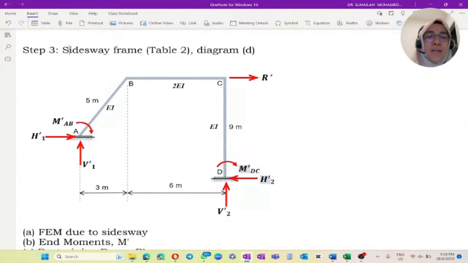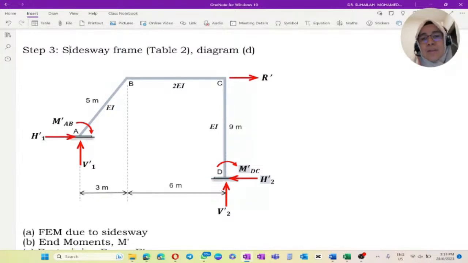At fixed support A and fixed support D, there are three unknown reactions. We label the vertical and horizontal reactions at A as V prime 1 and H prime 1 respectively, and also M prime AB.